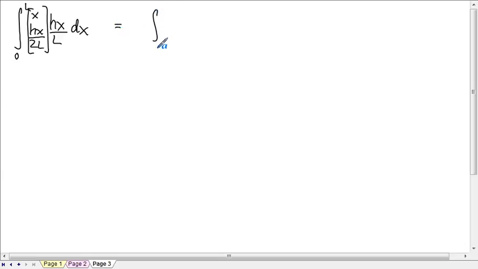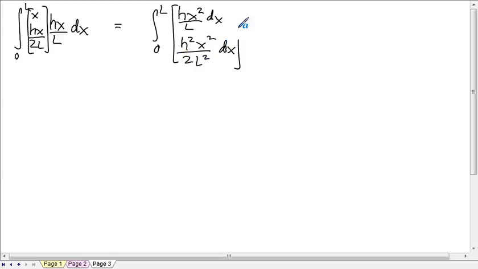So you have the integral from 0 to L of h x squared over L, that's the x component, dx. And then the y component is h squared x squared over 2L squared dx. We're integrating with respect to x.